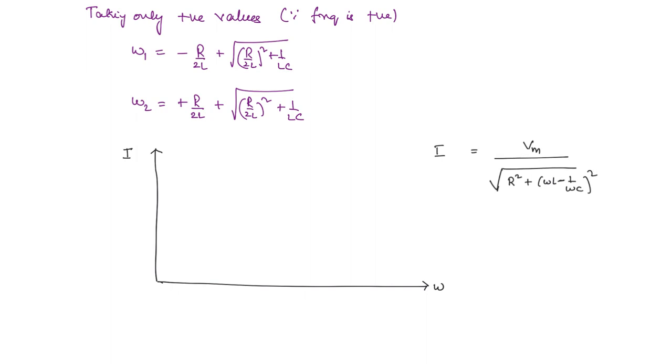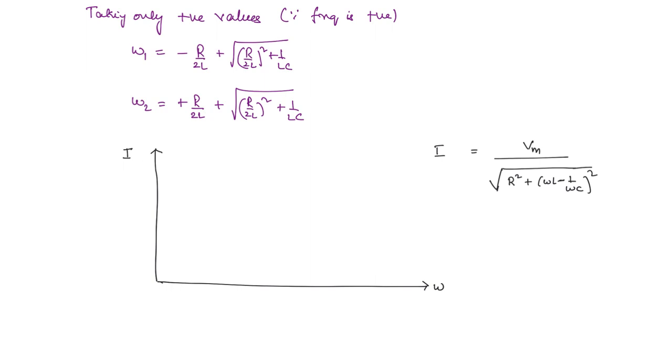This is the general expression. I am not talking about resonant frequency or half power frequency, but the general expression for current in terms of the voltage, the frequency, and the R, L and C parameters. Now if you put various values of frequency here, then you will get various values of I. That is what we are plotting here in the I versus omega graph.